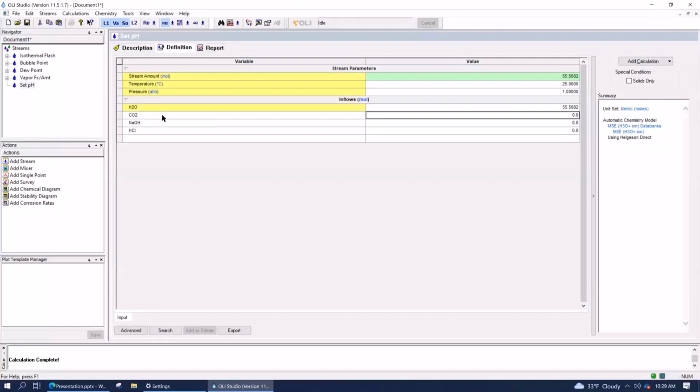Okay, let's now do this one here. We're going to add 1 millimole, essentially 44 milligrams rather, of CO2 into water. The idea here is that we want to see what the speciation of CO2 looks like when we change the pH. And we're going to do a couple of different pHs. So the system is carbon dioxide, water, and then we're going to use hydrochloric acid and caustic as the ways of adjusting pH.